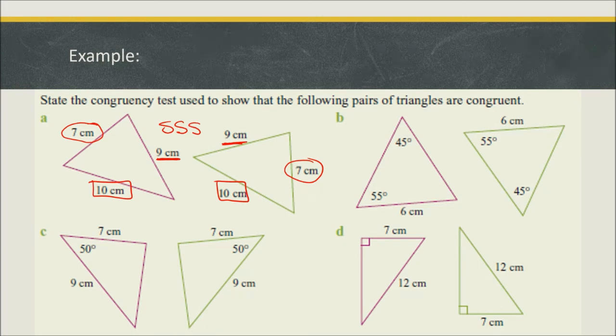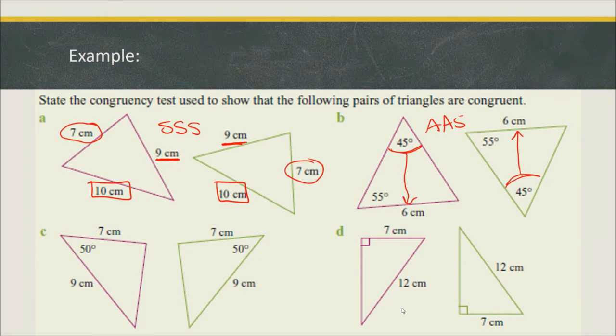In B, we have 2 angles and a side. So we look at this angle here, which is opposite our side, and this one here, which is opposite the side. The angles are in the same spot in relation to the side, so we can say that this is an angle, angle, side. In part C, we can see we've got 2 sides and an angle.